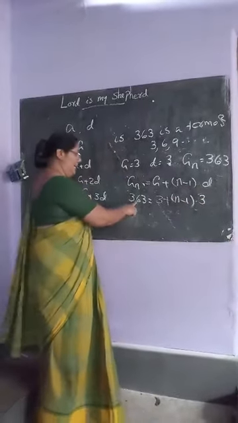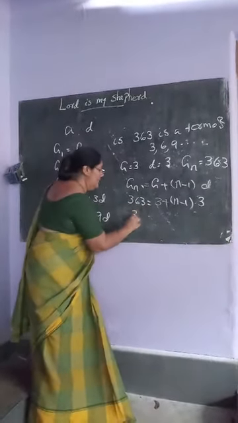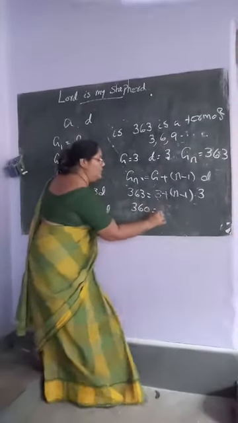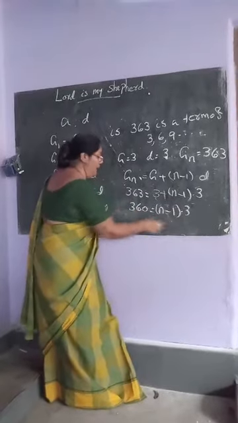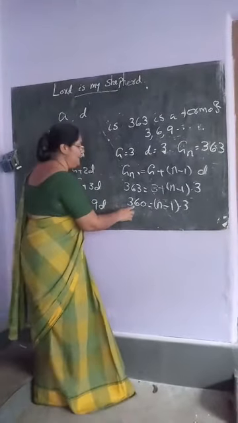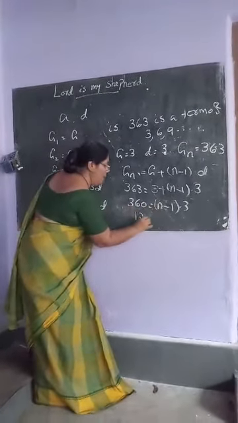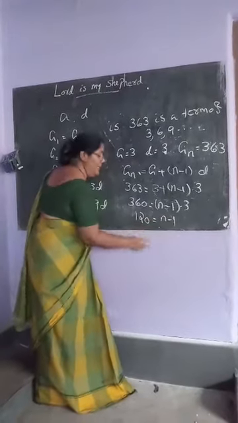Substitution only. 363 minus 3 is 360, which is equal to (n minus 1) into 3. Now, moving this multiplication to the other side, 360 by 3 is 120, which is equal to n minus 1.